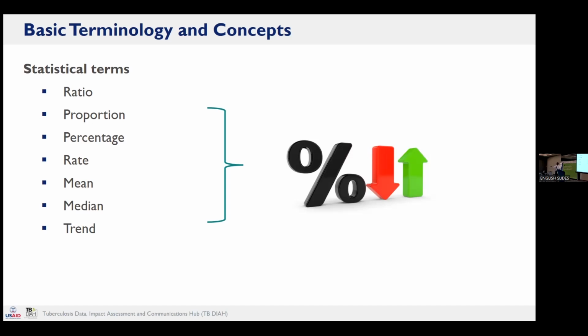The difference is TB treatment coverage is calculating notified among estimated, but the other one is calculating notified per 100,000 population among the total population, expressed in terms of 100,000. It is exactly the same rate. The difference is in the denominator, the way you present it. The numerator remains the same. Okay.